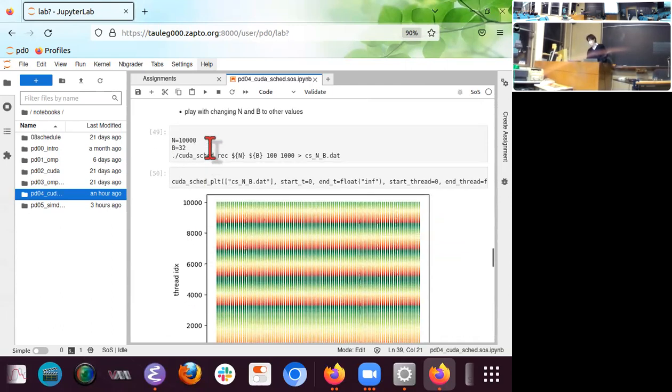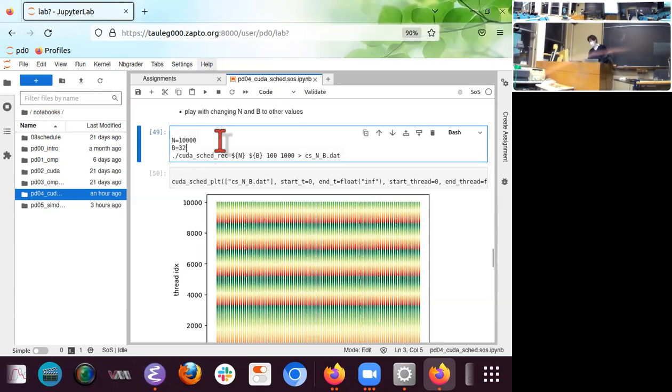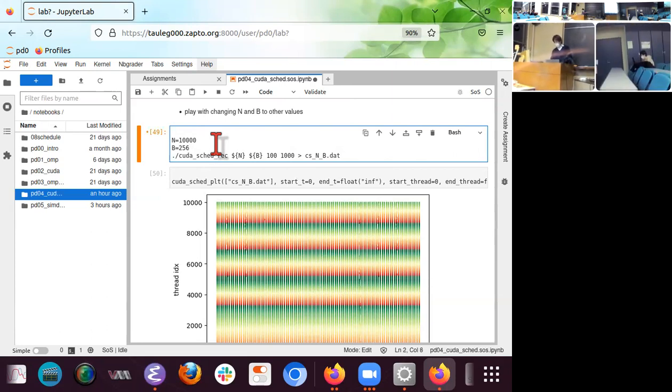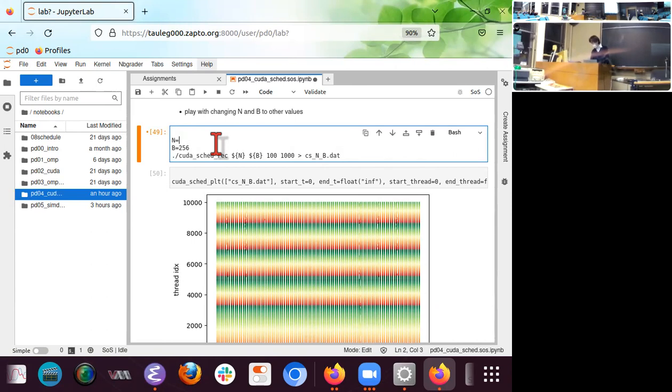So finally, you can multiply this by 256 threads in each block. And for example, you can have as many as 108 multiplied by 256 threads.